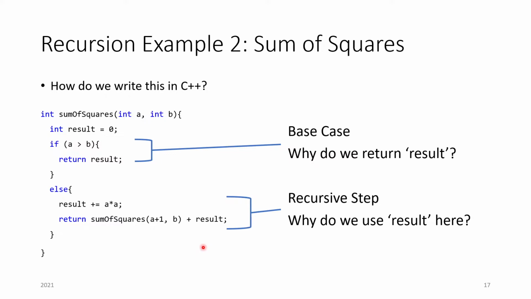Now I understand that part in particular may be a little bit tricky to wrap your mind around, but once you actually implement this code in practice, and like I said, if we get to it in the tutorial, and you start observing step by step how the code operates, you will see why it is important that we add this result. If we don't add that, we're not going to get our results as intended.